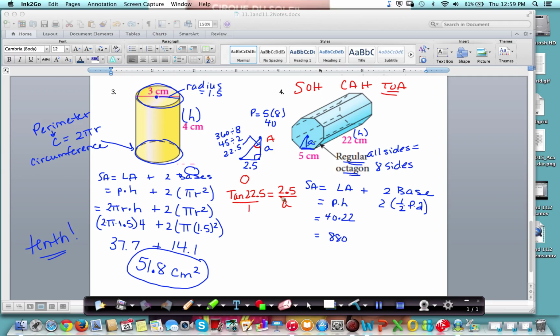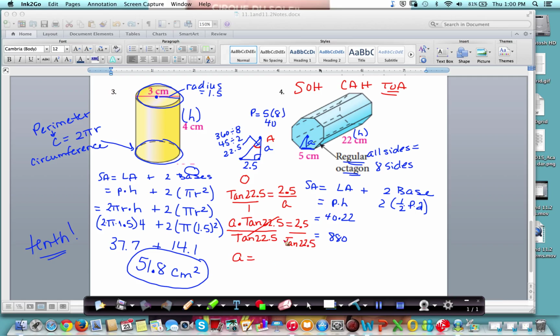A times the tan of 22.5 equals 2.5. And then to get A by itself, we have to divide by the tan of 22.5, which means you have to do 2.5 divided by the tan of 22.5.